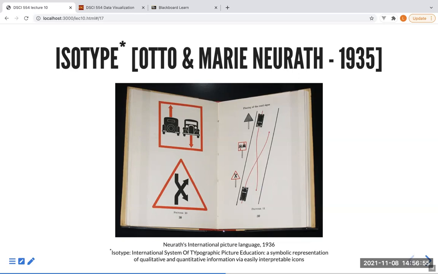So here you see a simple application of the symbols that are still used today for street signs, and they call this isotype, for International System of Typographic Picture Education.